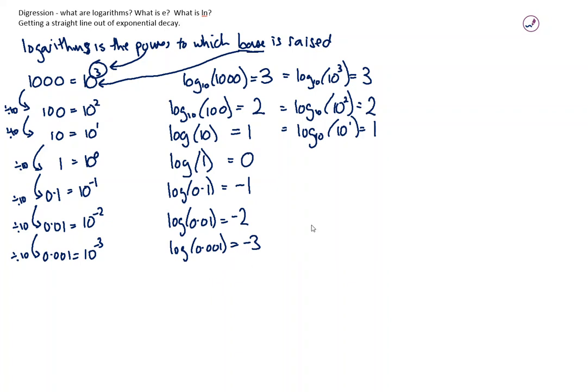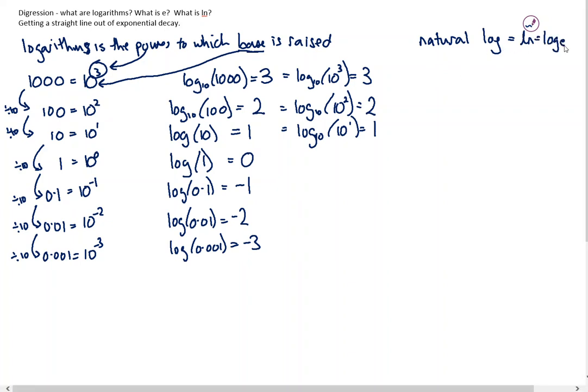Now, you're more familiar with log to the base 10, so that's what I've started with. But you can also have log to the base e. So a natural log is ln, which is log to the base e, or log e. So rather than write log e, we write ln.